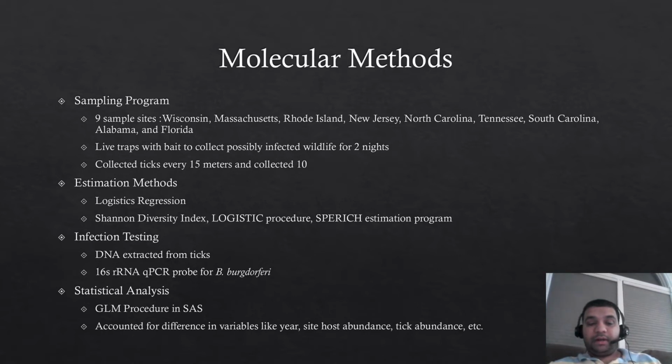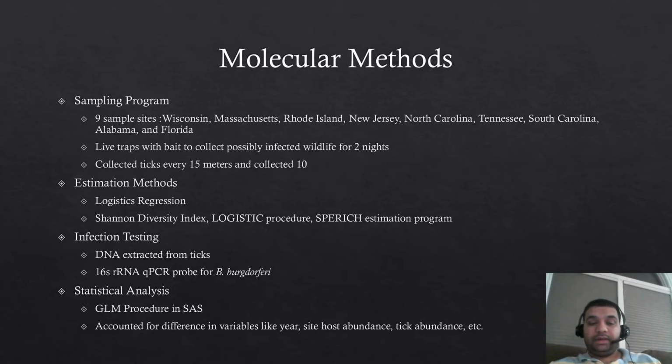This paper also did a really good job describing their estimation methods and their statistical analysis. For their estimation methods, they used regression, the Shannon Diversity Index, a logistic procedure, and a parameter estimation program, all very well known. Then for further infection testing, that is where we get into the molecular methods.